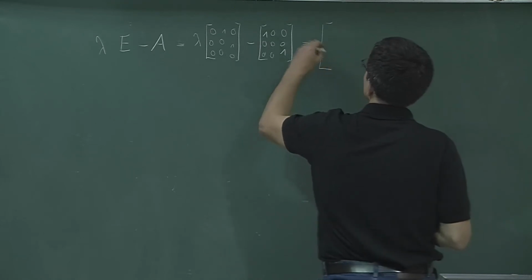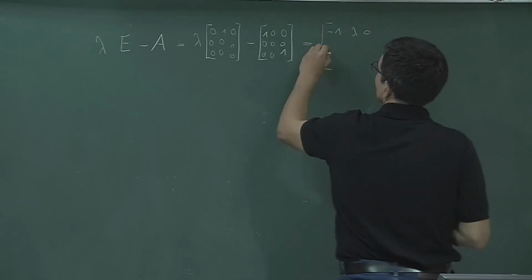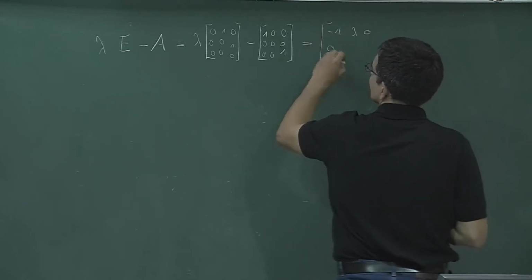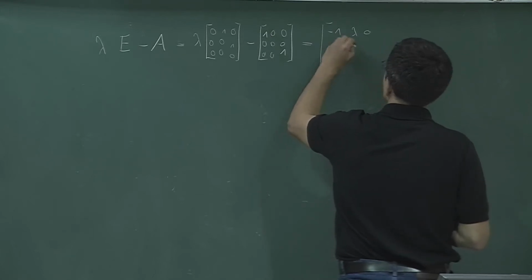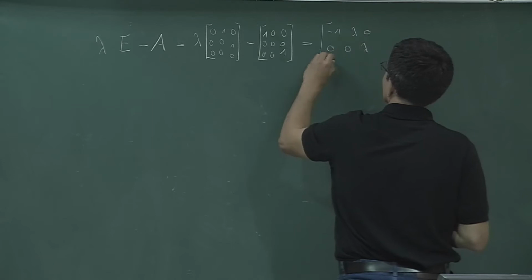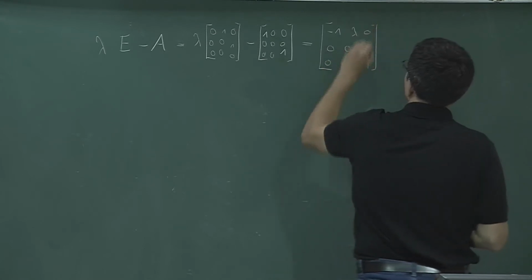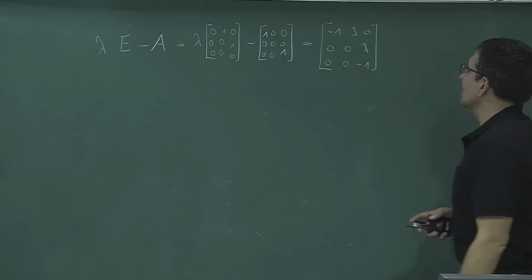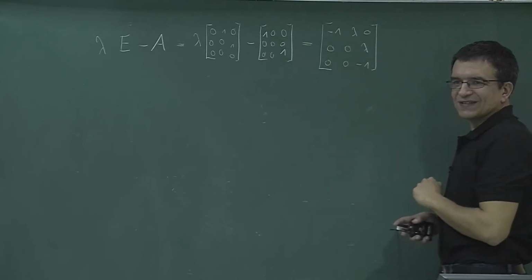We get minus 1, lambda, 0, 0, another 0, and lambda. And yeah, 0 0 minus 1. And we see that the first columns are always linearly dependent.